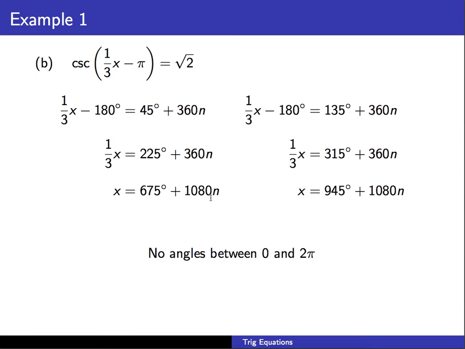However, when we start listing out values, 675 and 945, we'd have to subtract 1080 from them to get back between 0 and 360, but we're not going to get any angles between 0 and 360 by doing that, nor are we going to get any angles between 0 and 2 pi. So as far as restricting ourselves to be between 0 and 2 pi, there are no angles between 0 and 2 pi that will make this original equation true. All the other ones are outside this range of values, this interval of values.